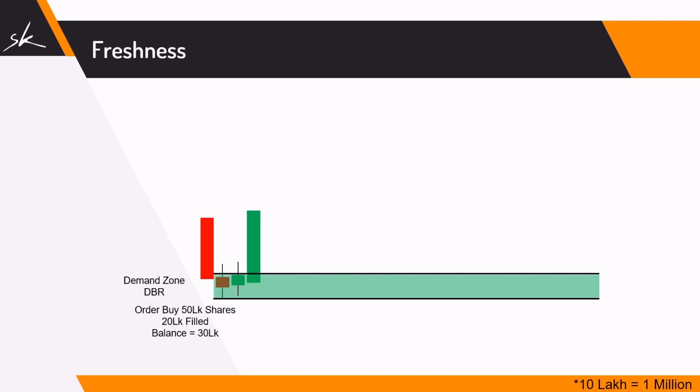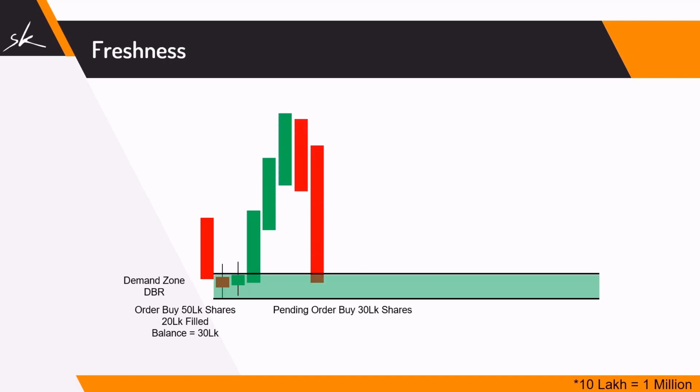After some time, price again starts coming back into the zone where we already have a pending order of 30 lakh shares. Price again starts trading in a range. Let's assume this time 20 lakh more shares get filled. Due to more demand, price again starts moving up, which means that at this price level, we still have a balance of 10 lakh shares to be bought.